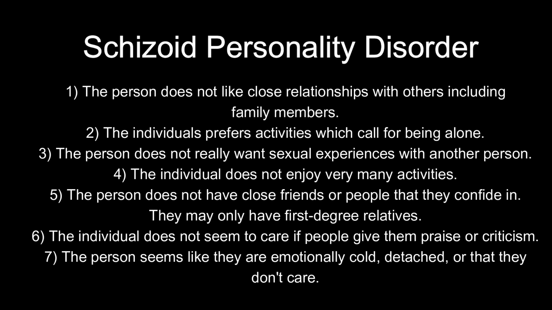The person does not have close friends or people that they confide in. They may only have first-degree relatives they can count on. Number 6. The individual does not seem to care if persons give them praise or criticism. Number 7. The person seems like they are emotionally cold, detached, or that they don't care.